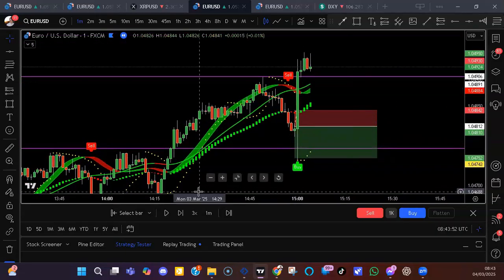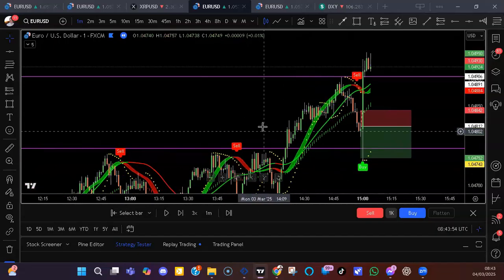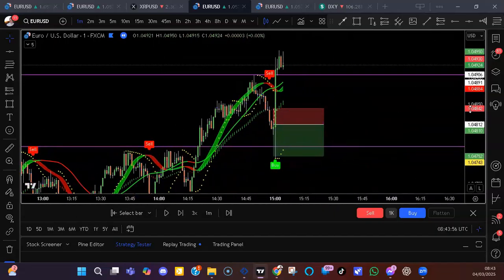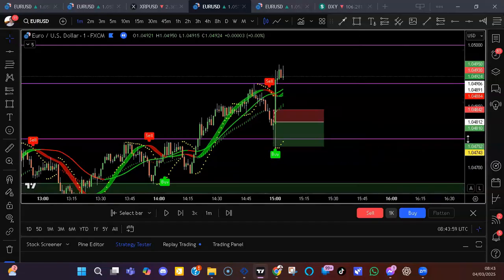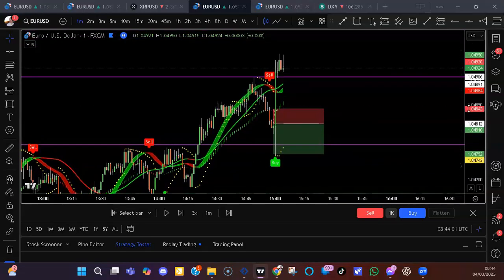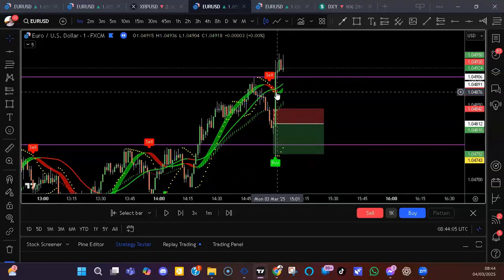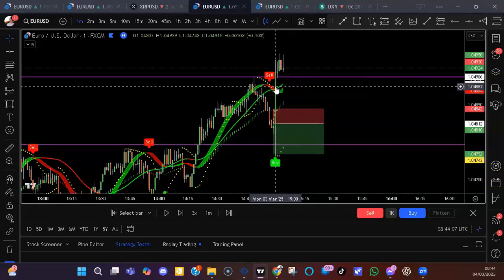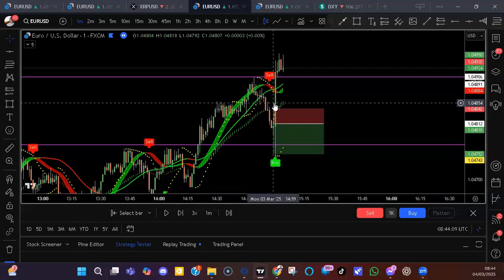But that's not a trade. I wouldn't advise anybody to trade that, knowing that news is going to happen at 3 o'clock. Red flag news. That's why we all stay away from red flag news. And there is a really good example of that.